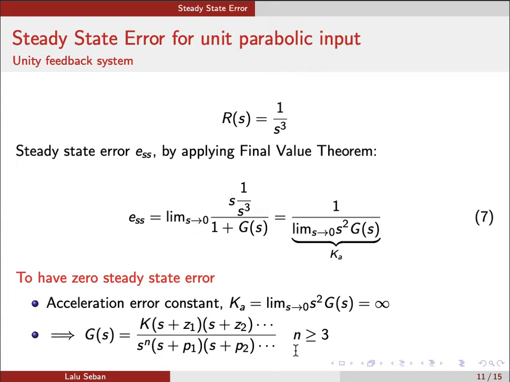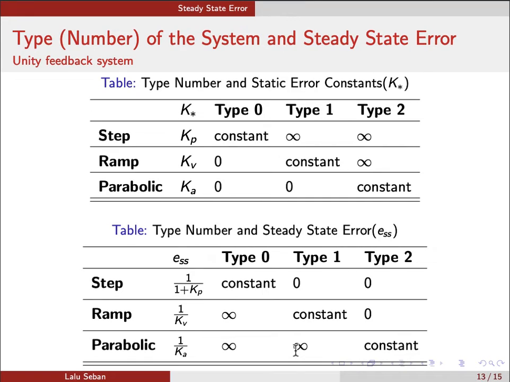If n is equal to 2, we are going to get a constant value, because the s squared and the s squared will get cancelled out. If type number is equal to 1, the steady state error will be equal to infinity.